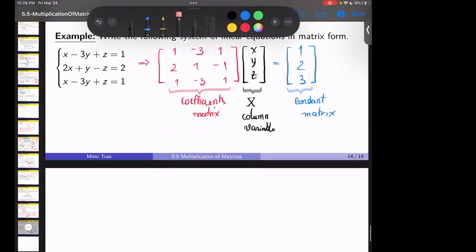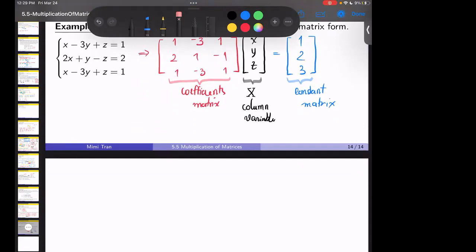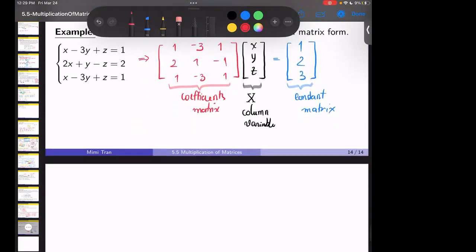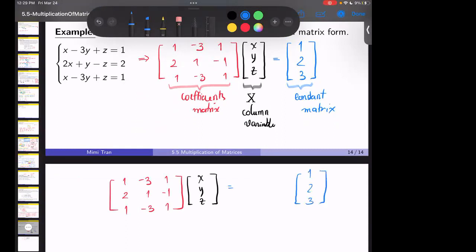So what I'm going to do is multiply both sides by, let me copy that thing down. Give a little space there. 1, -3, 1, 2, 1, -1, 1, -3, 1, times X, Y, Z, equals, leave a little space, 1, 2, 3.